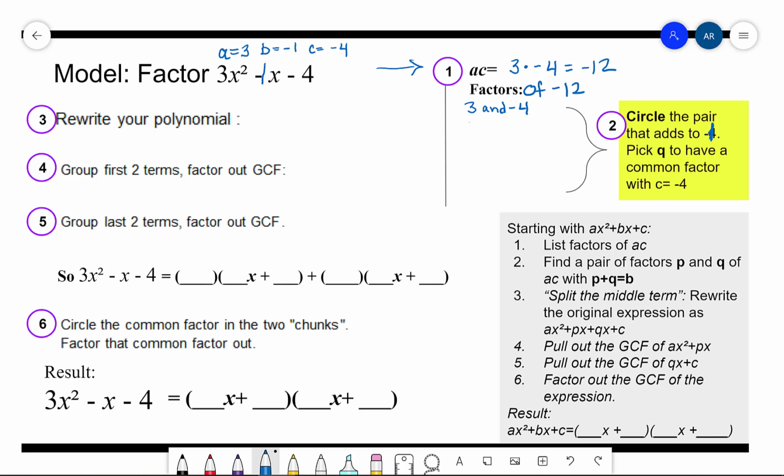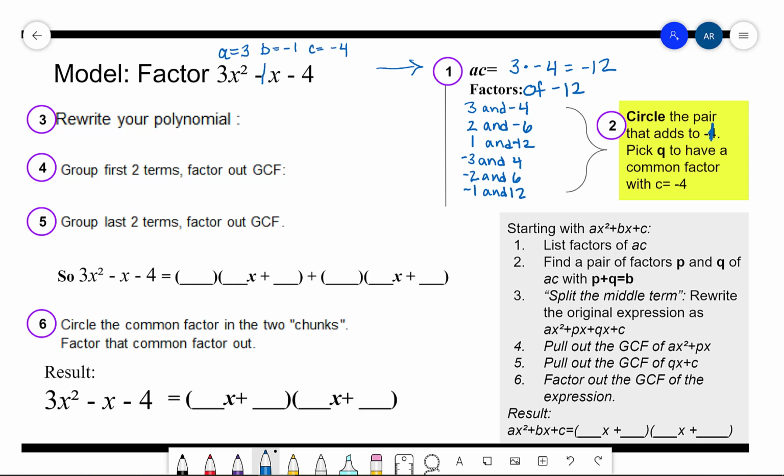I also could have 2 and negative 6. I also could have 1 and negative 12. And in each of these cases, I could also have it where the other term was the negative term. So we could have negative 3 and 4, negative 2 and 6, and negative 1 and 12.